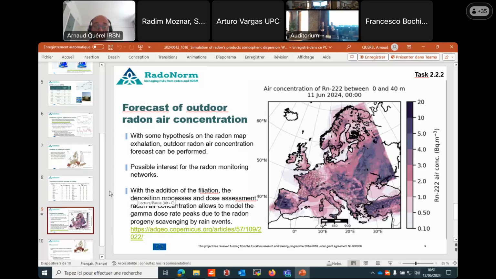But these stations have to be well modeled for the regular situations.